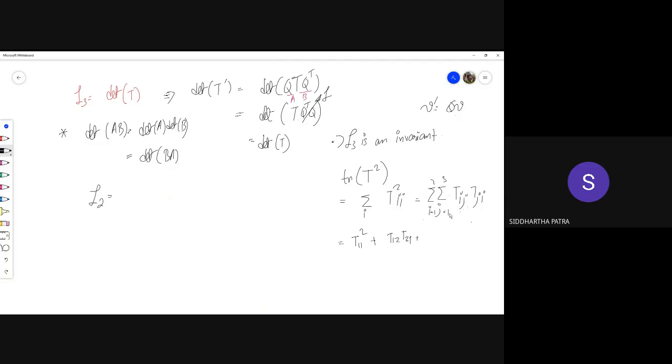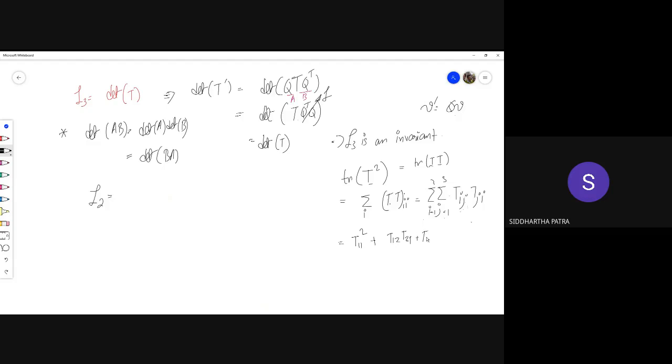You understand what I'm doing here? Trace of t squared is trace of t times t, which means I'm supposed to multiply, just like trace of AB. So this is tii, and then I'm bringing in another dummy index j to represent how the summation works. So each ith term of t squared is summation over j, tij, tji. Then you need to continue with this double summation. There would be 9 such terms.